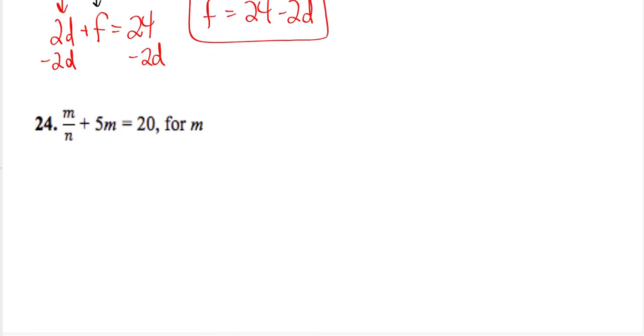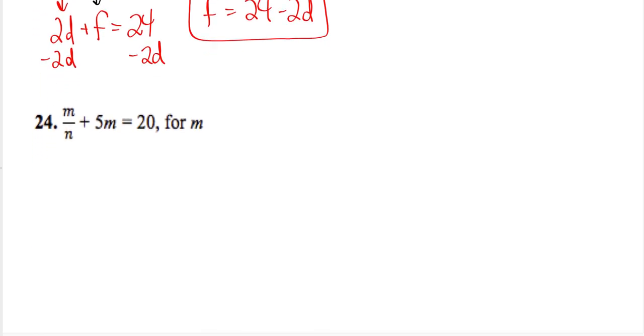So 24, we're going to tackle this a similar way. We're looking to solve for m. So the first thing that I would do, since there's an m here and an m here, you should probably try to get rid of fractions, because fractions are kind of a headache with this stuff. So what can we multiply everything by to get rid of this?